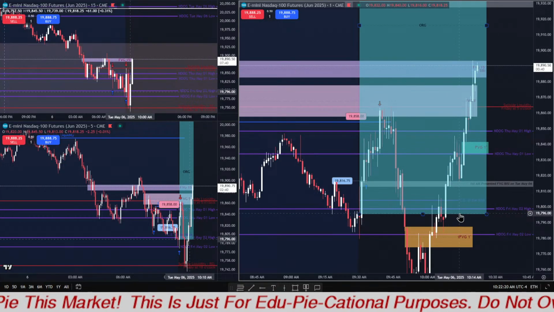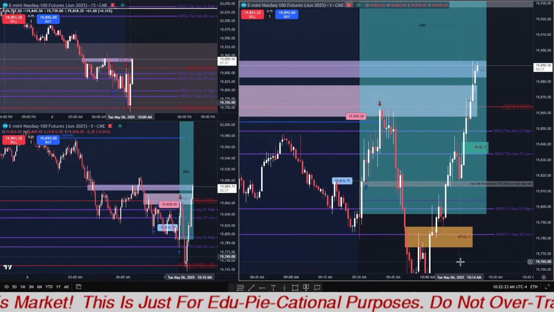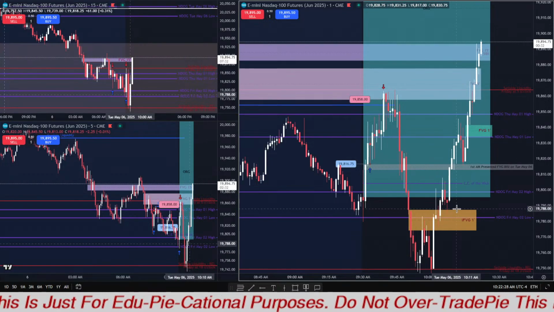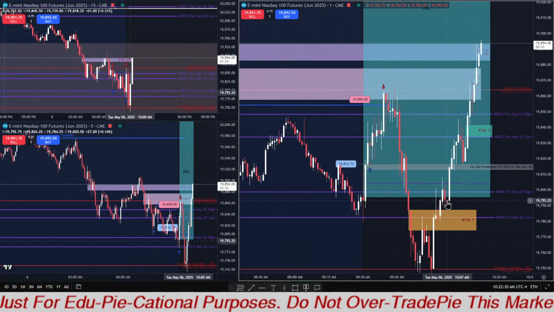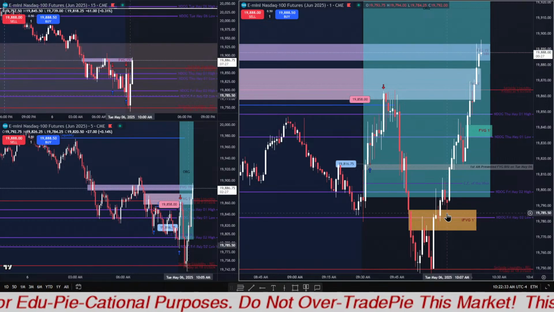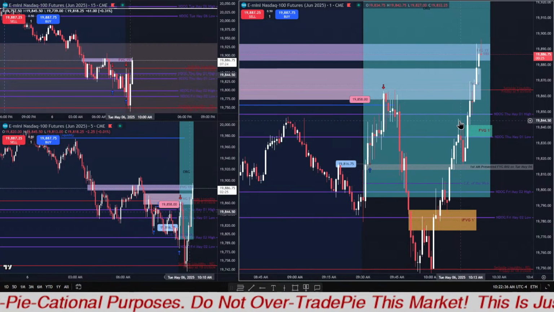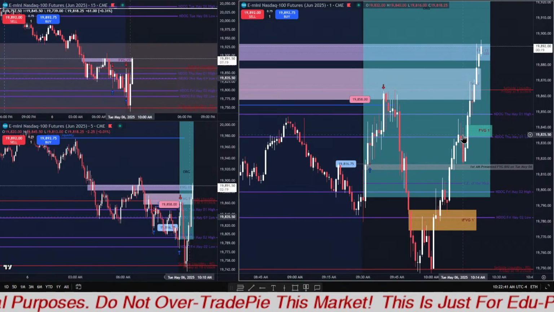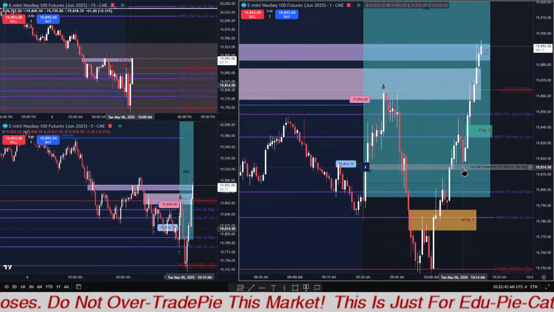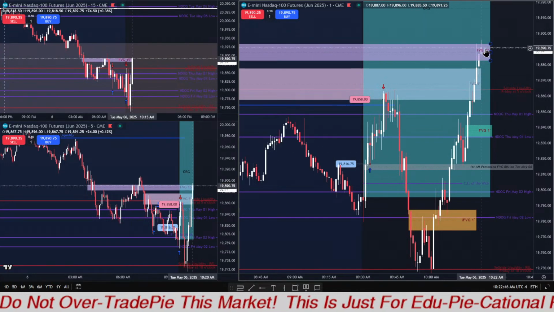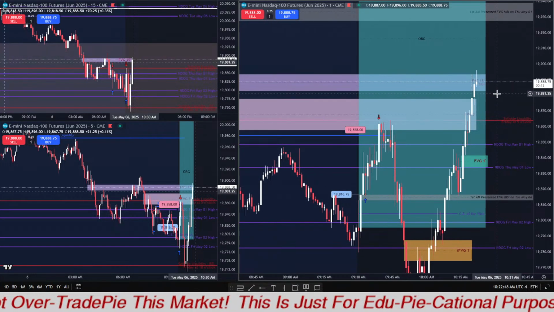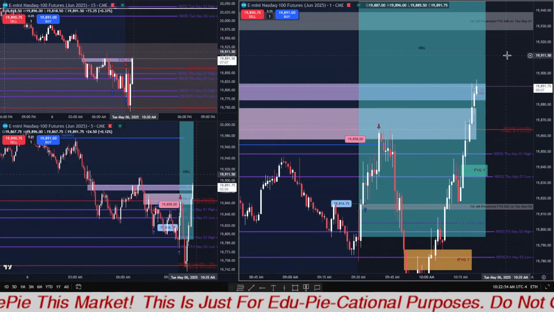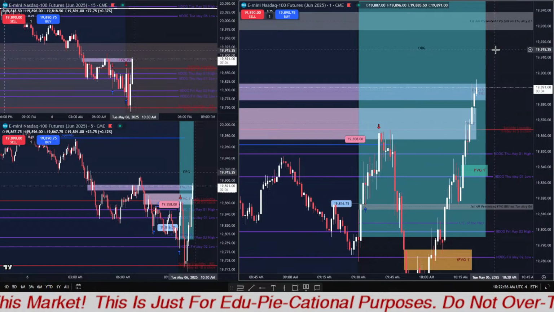You just need to select one of these entries that are highlighted over here from this inversion fair value gap that happened over here with this red candle, and after that run higher, or the first presented fair value gap that is happening with this candle, touching the high of it and immediately rejecting to go higher to the midpoint of the 15-minute FVG and preferably to the midpoint of the opening range gap.